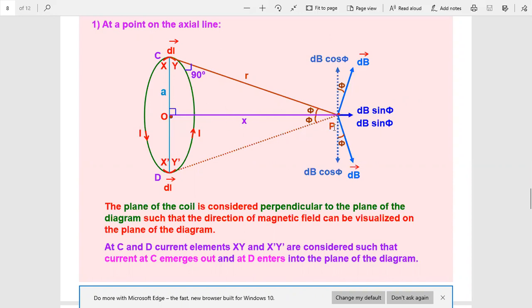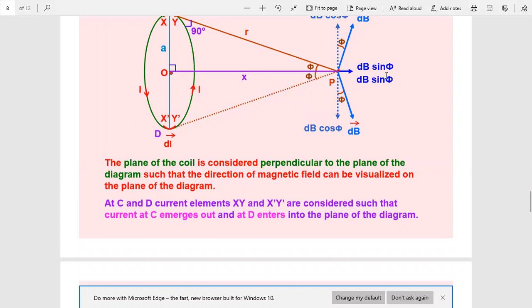As the figure is symmetrical, these two components will cancel each other. So only components in the horizontal direction, along the x-axis, will add up together to contribute to the magnetic field at point P.